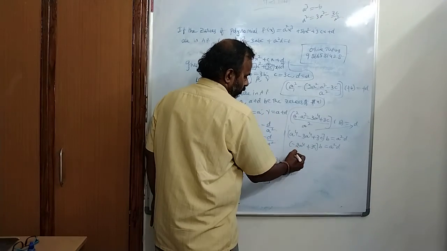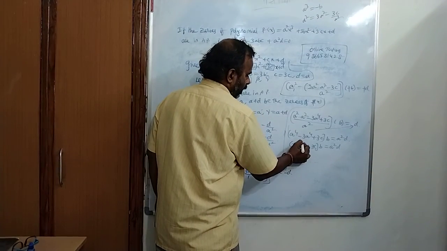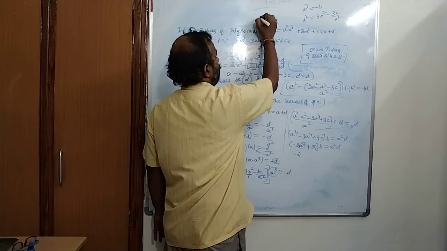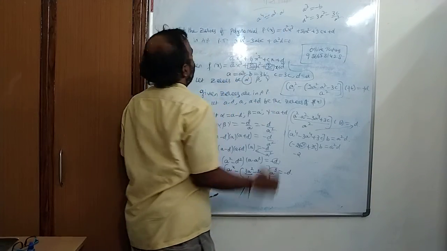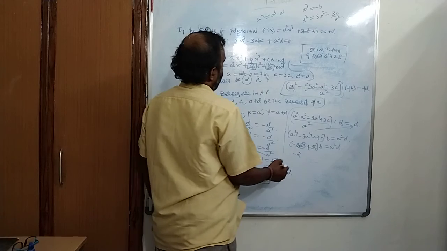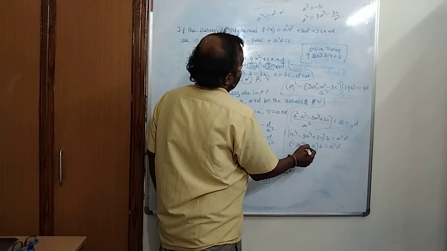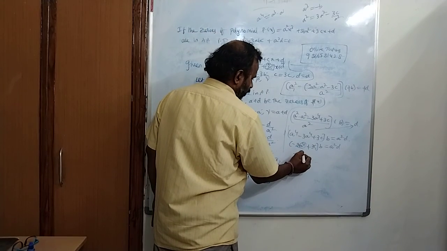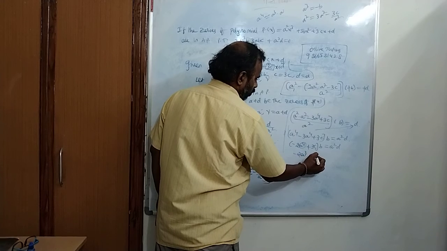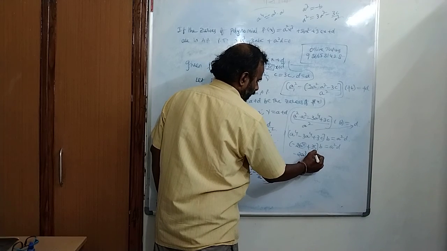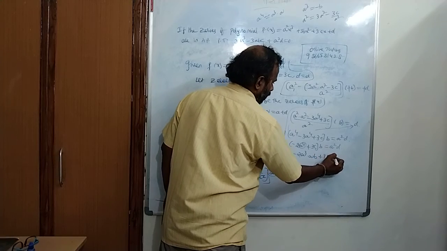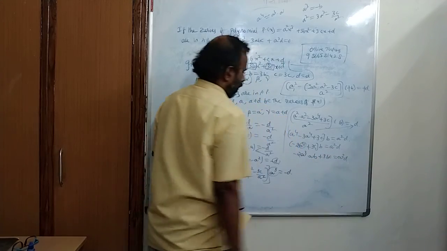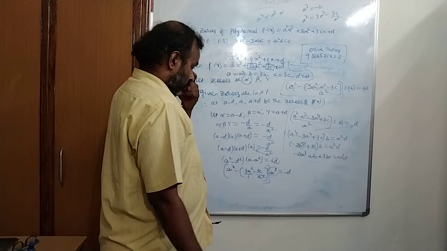Can I write a power 4 as a cube into a? So a cube into a into b, plus 3bc, is equal to a square d.